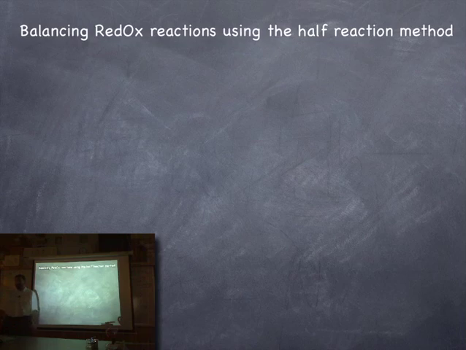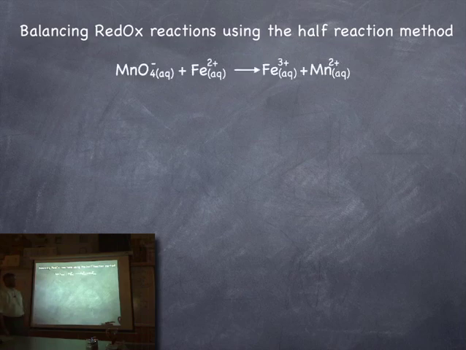We want to be able to write and balance chemical reactions, and frequently we only know part of what's going on. So this is an oxidation reduction reaction where we have permanganate ions reacting with iron ions to produce a different kind of iron ion and a manganese ion. There are pieces missing of this reaction.